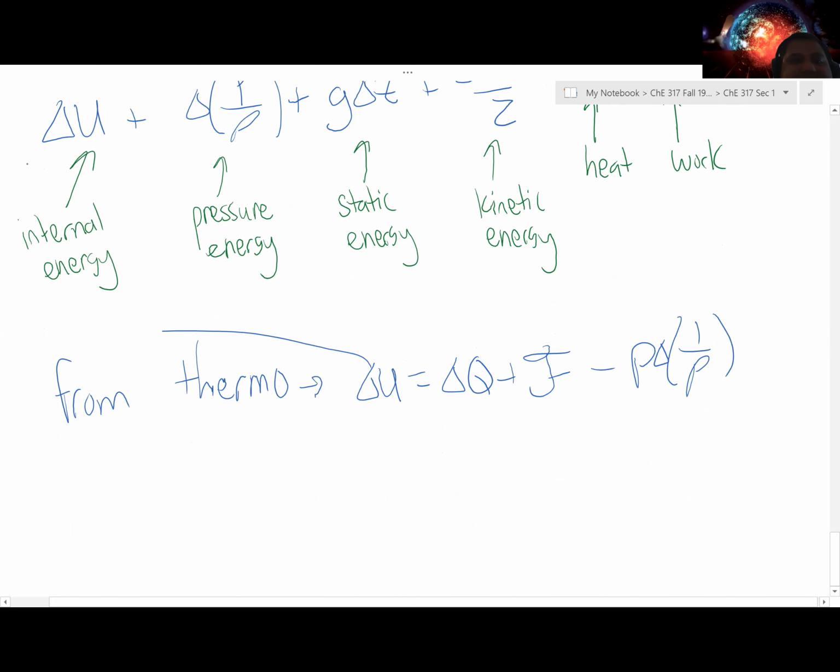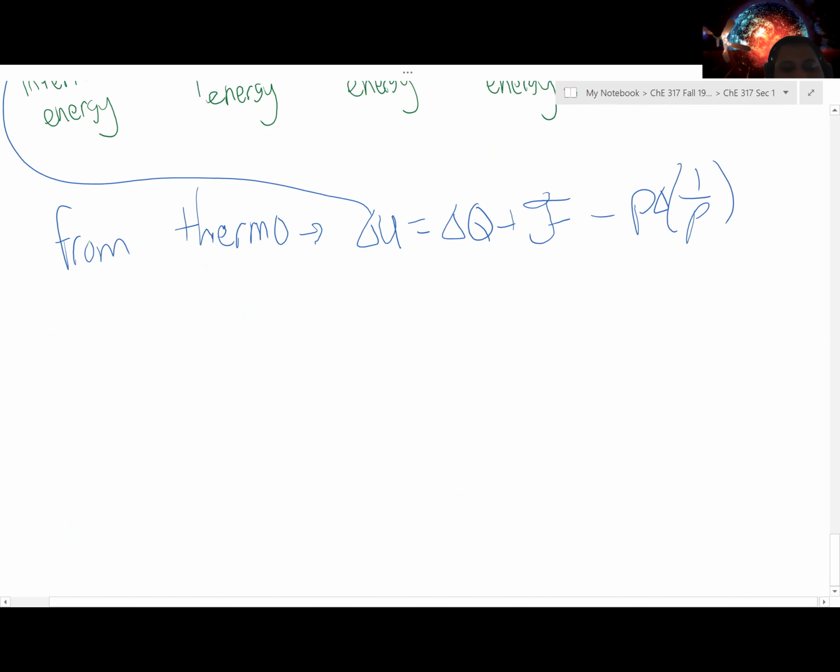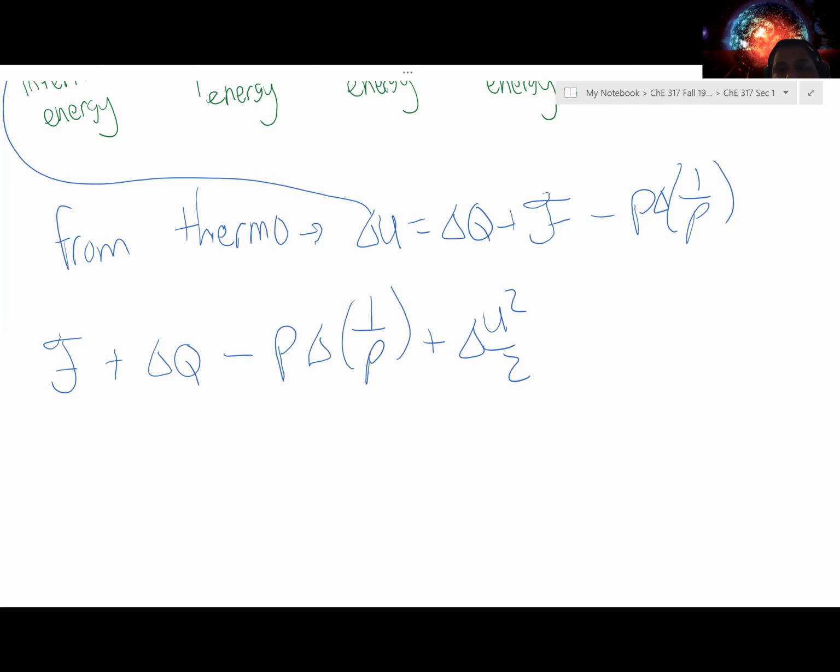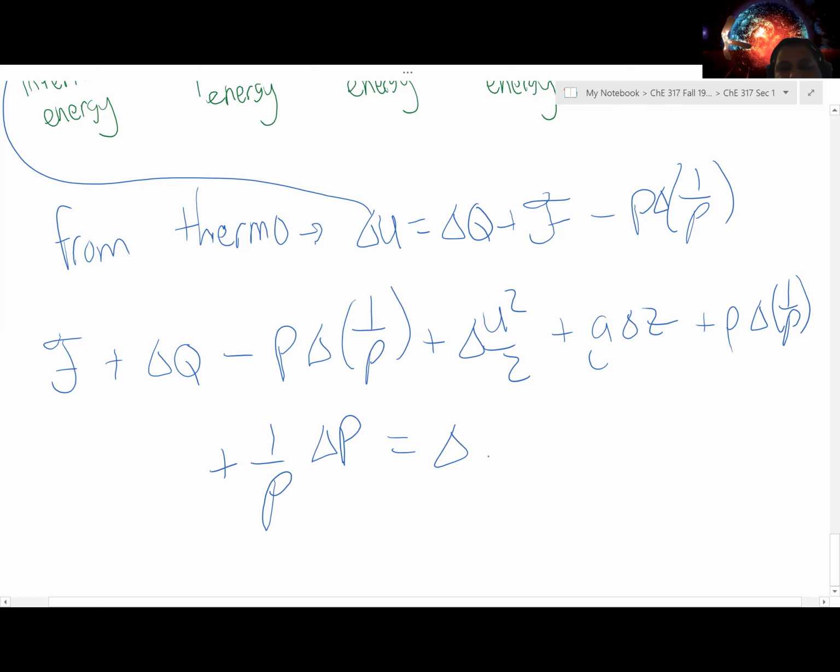So basically subbing this in and doing some mathematical rearrangement, I can get an expression that looks like this, where I have F plus delta Q minus P times delta 1 over rho plus delta u squared over 2 plus g delta z plus P delta 1 over rho plus 1 over rho times delta P equals delta Q plus delta W, which is work.